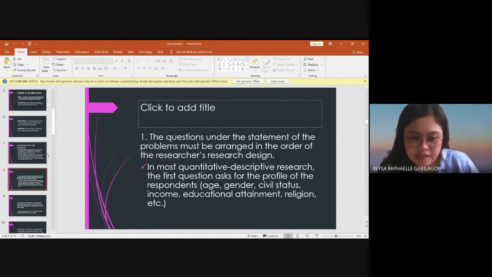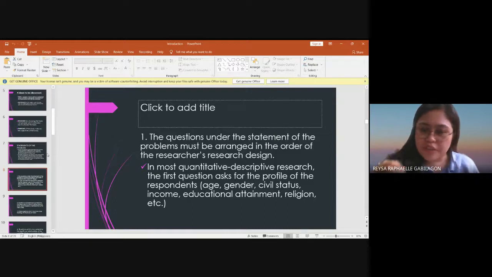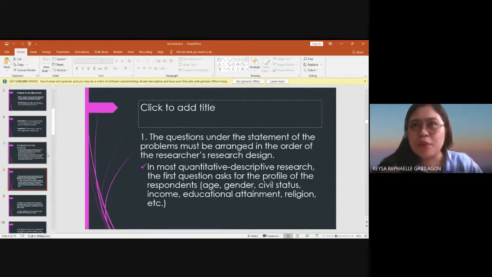Or pwede ding qualitative? So, depende. Sa qualitative, actually, we only have one grand tour question. Isang question lang yung mostly makikita natin sa quali, ha. If you really want to pursue doing a qualitative research, isang question lang siya dyan. Ang tawag natin doon, grand tour question.